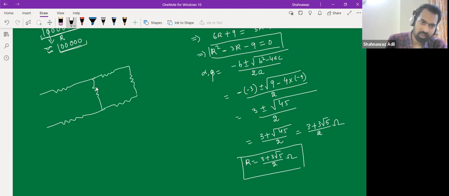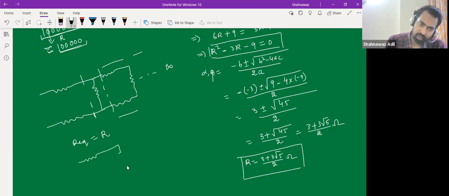So what we did was that we assumed that this total R equivalent is R. But we saw that this part is again repeating from here, right? So then we put this part again to be R. This was the whole idea. And then we calculated R equivalent and put it equal to R. So this was the whole idea.